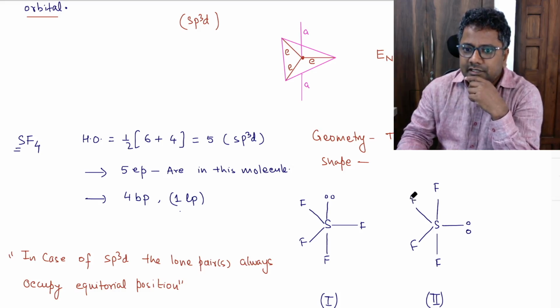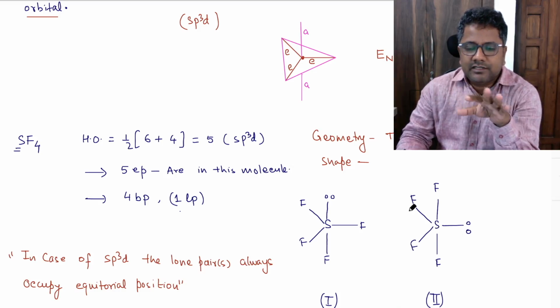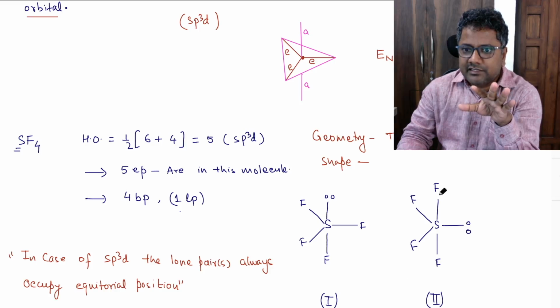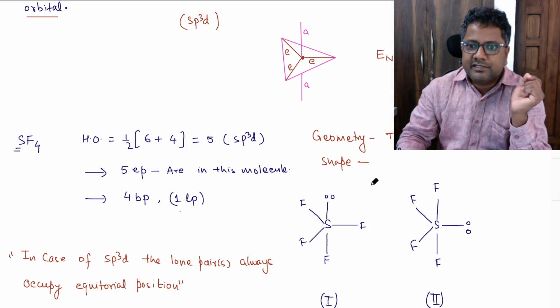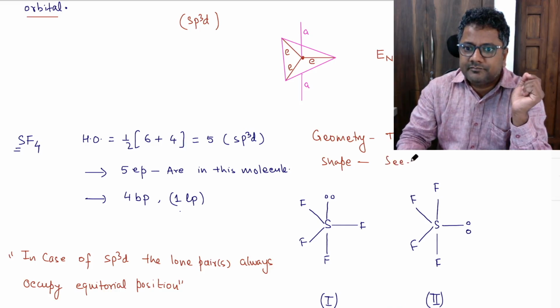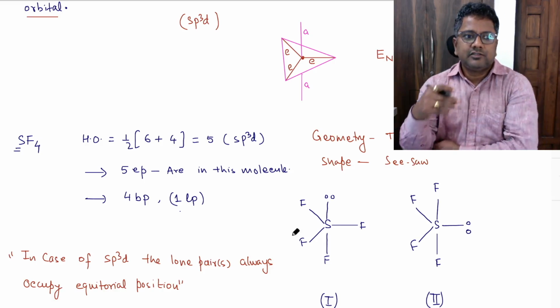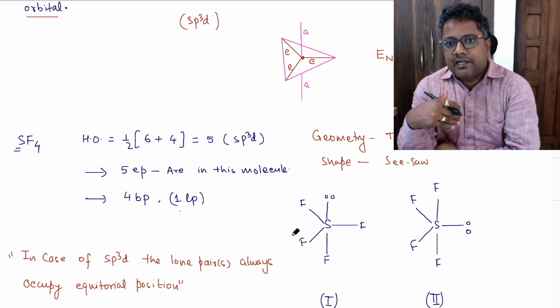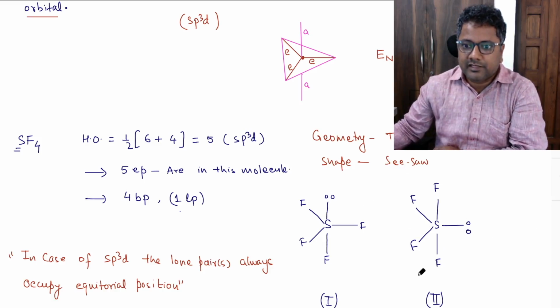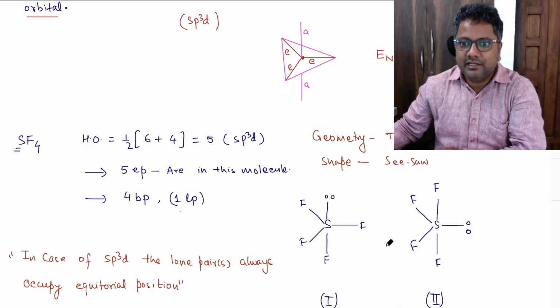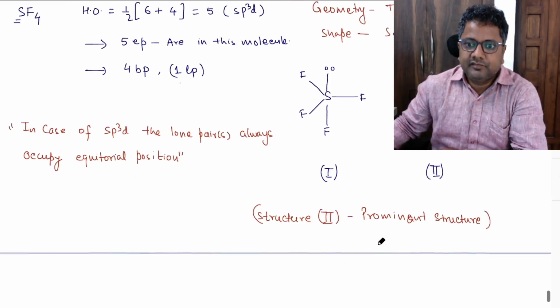If you see here, this is the base, and this is basically a seesaw shape. So the shape is seesaw and the geometry is TBP. Geometry is strictly seen from the hybridization, but shape is the actual orientation of bond pairs, not lone pairs. So exclude lone pairs, and whatever is left is the shape, right?